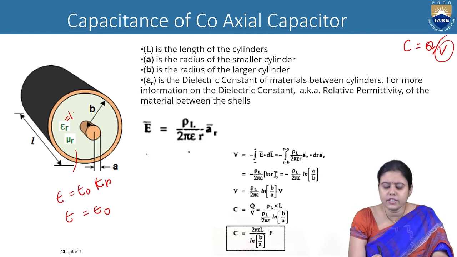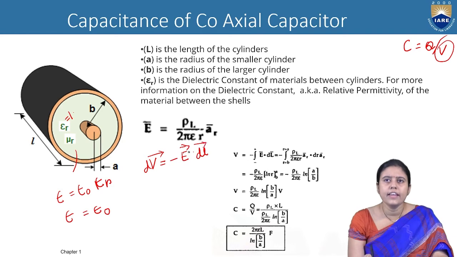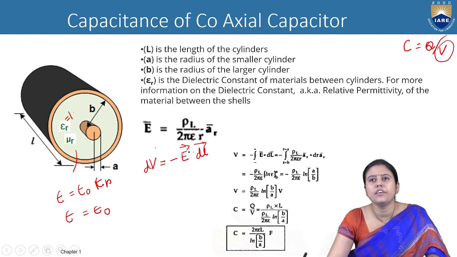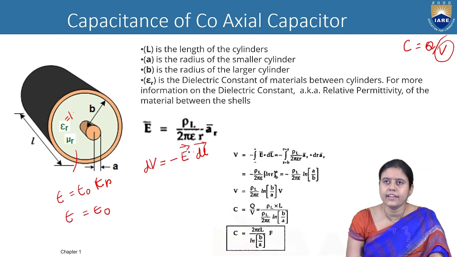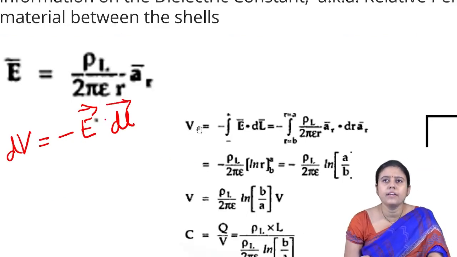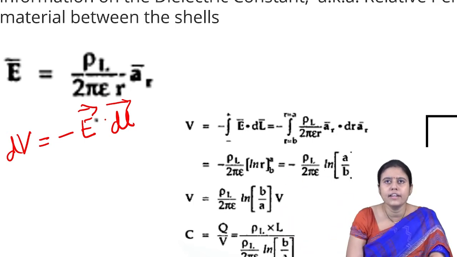Next, what is voltage? We know dV is equal to minus E dot dl. So V is equal to minus the integral of E dot dl, from minus to plus, or we can say from the far point to the near point.